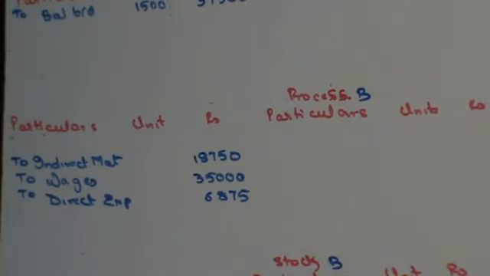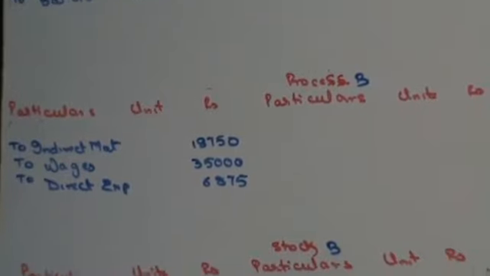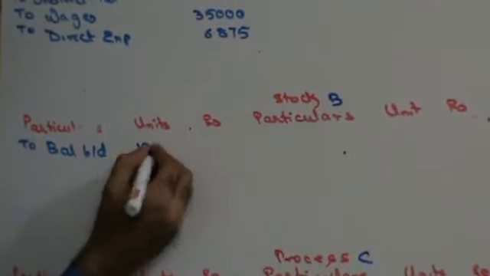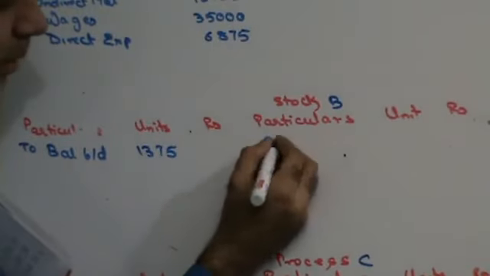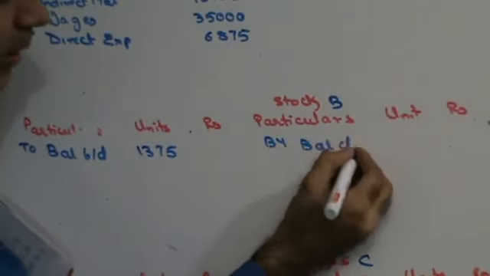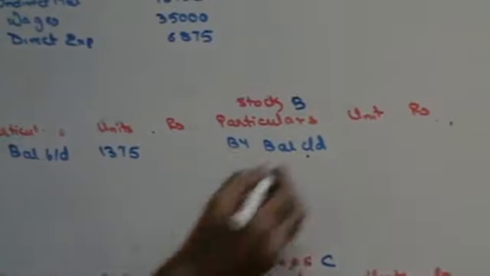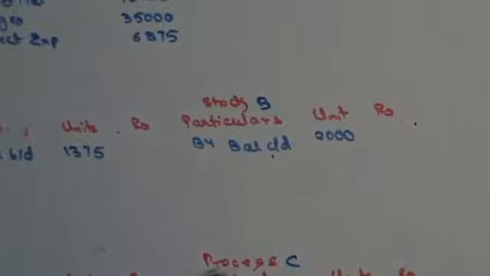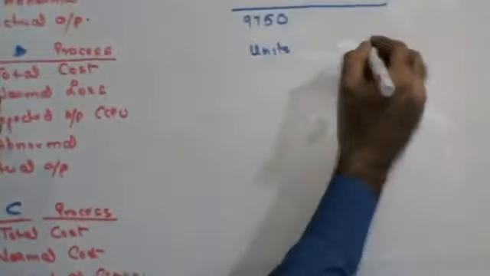Let's see this. To opening stock, to balance brought down. Balance brought down is 1375 units, and by balance carried down is 2000 units. Okay. Now let's come to the working note. They'll give you units, rupees.